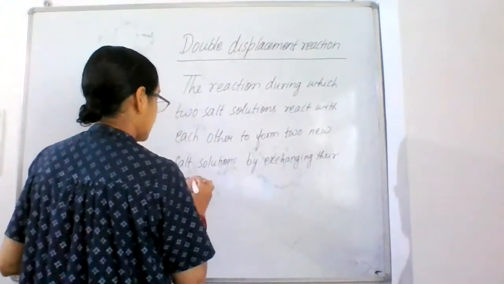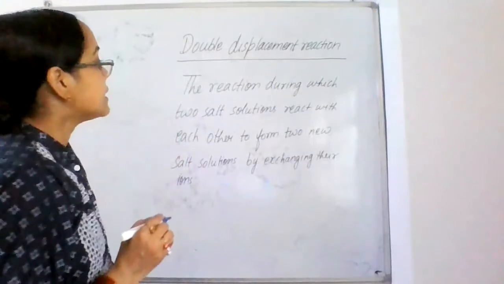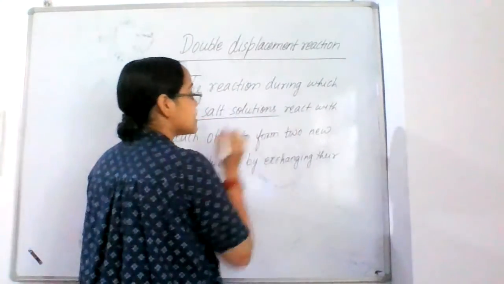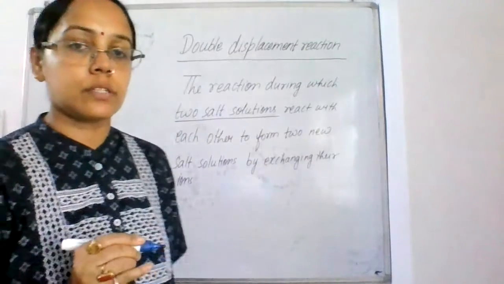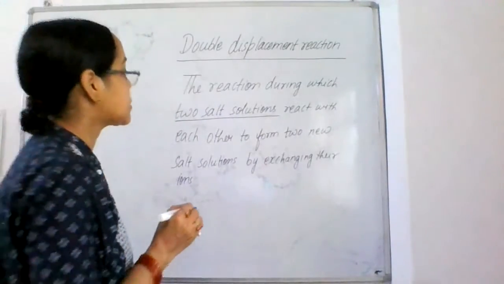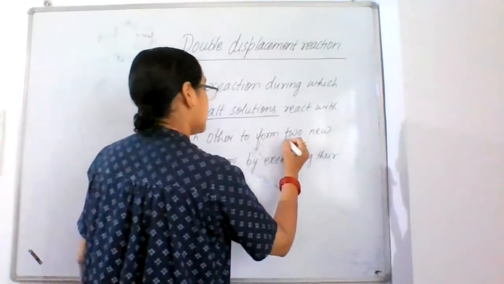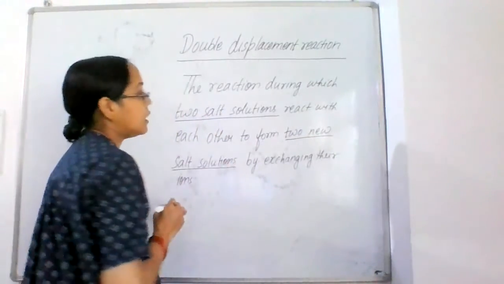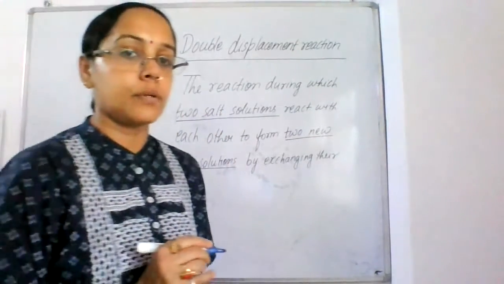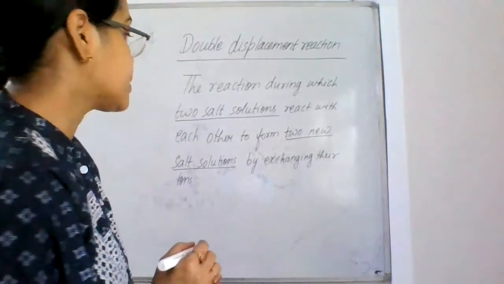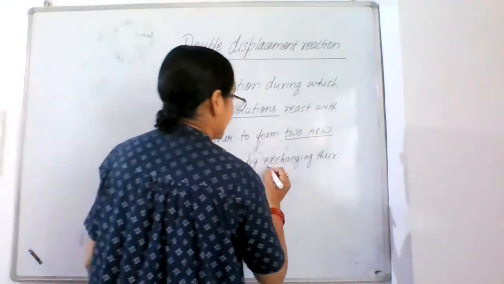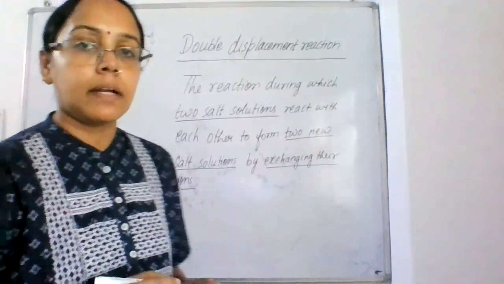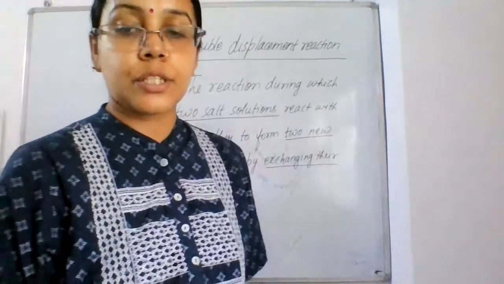So we can see here the reaction during which two salt solutions, which are participating in the reaction, react with each other to form two new salt solutions. These are the products formed during the reaction. And how? By exchanging their ions. So this is double displacement reaction.